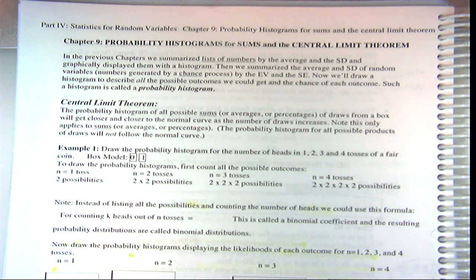And that's because, and this is sort of magical to me, it's the probability distribution, the histogram for taking, like, if you took n draws from a box and either took the sum, the average, or the percent, the distribution of all those possibilities is going to follow the normal curve.